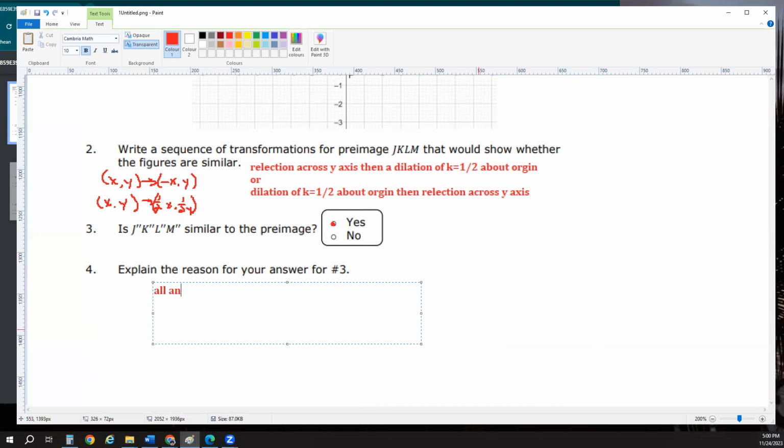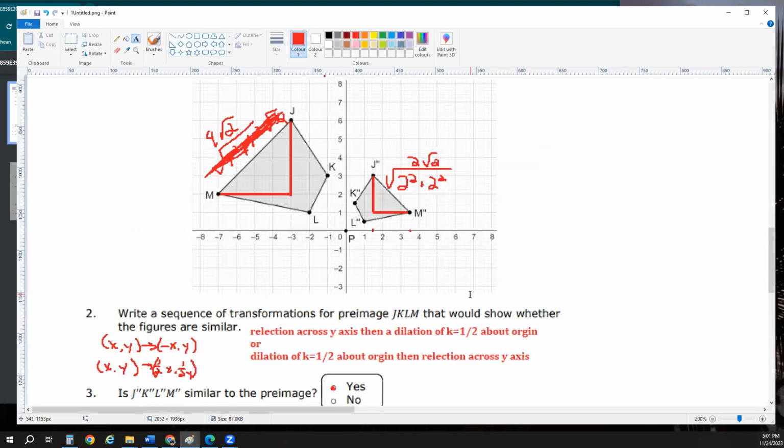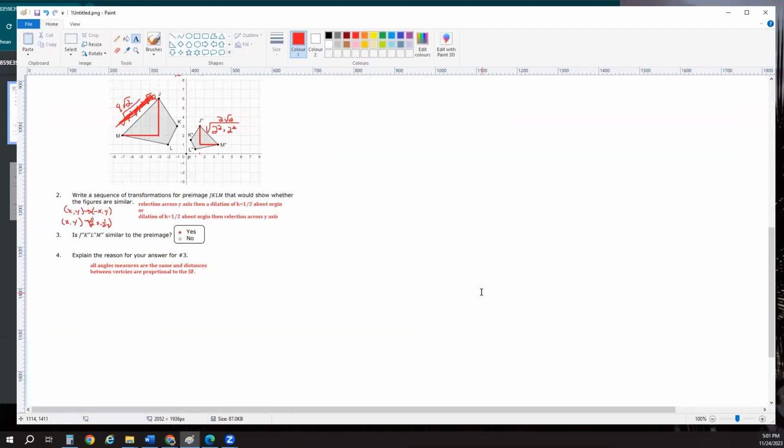All angle measures are the same, and distances between vertices are proportional to the scale. There we go. That's my answer for those.